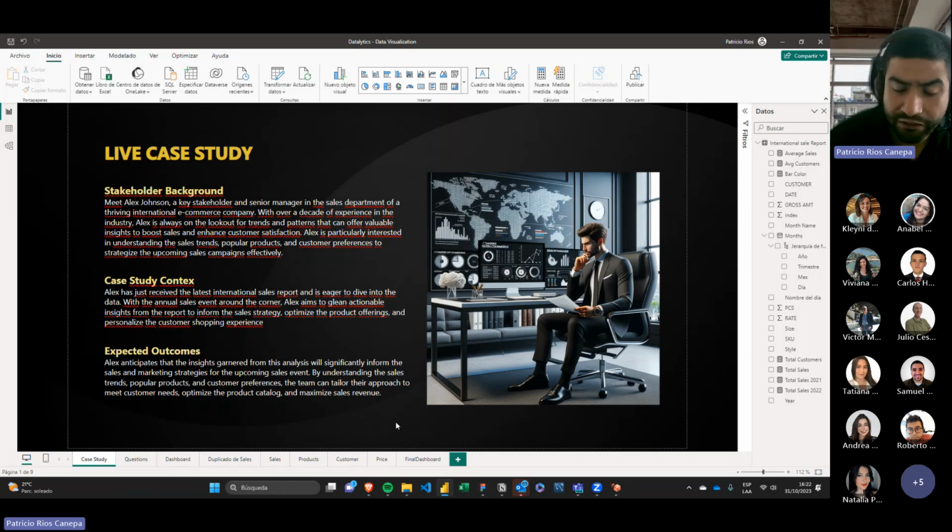This is not a far off example of what really goes on in the data analytics industry. This is also a bunch of the work that we do here in Arroyo. We have meetings with our clients, with our stakeholders. We gather as much information as we need in terms of the goals of what we are trying to achieve.